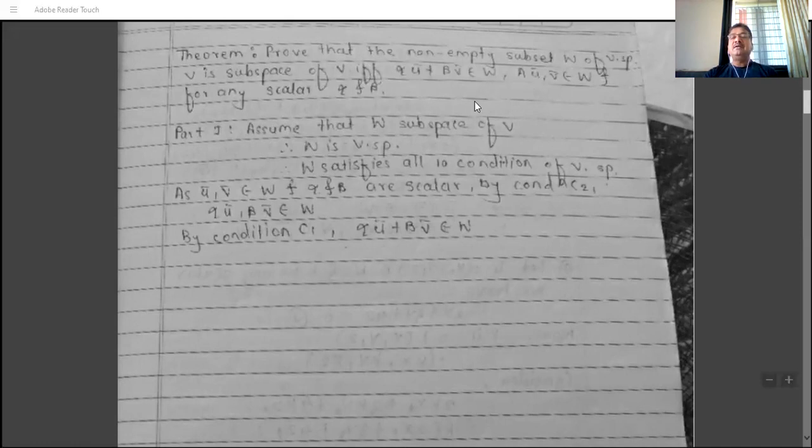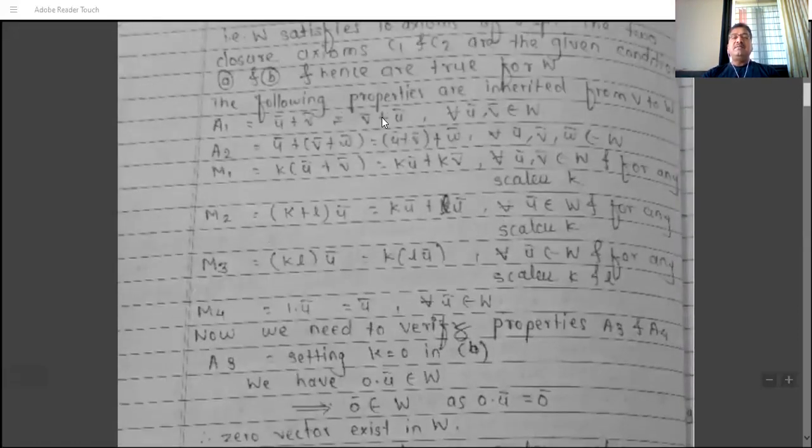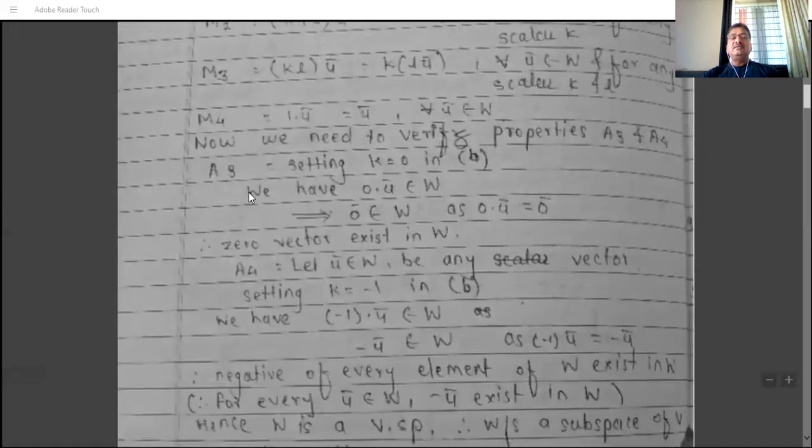So for C1, who can write the proof of C1? Take alpha equal to 1, beta equal to 1, U bar plus V bar belongs to W. Then with beta equal to 0, we have alpha U bar belongs to W, that is the property C2. Then these 6 properties are inherited from V to W, and we need to prove the properties A3 and A4.